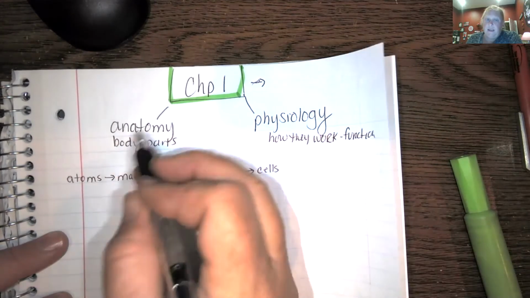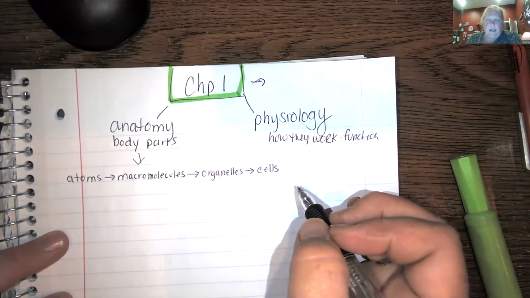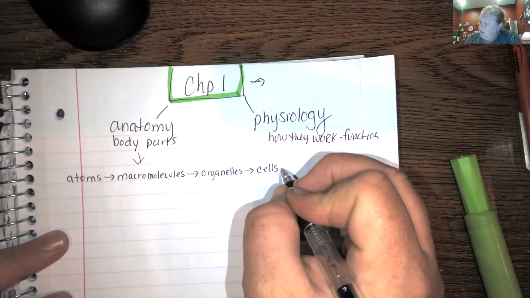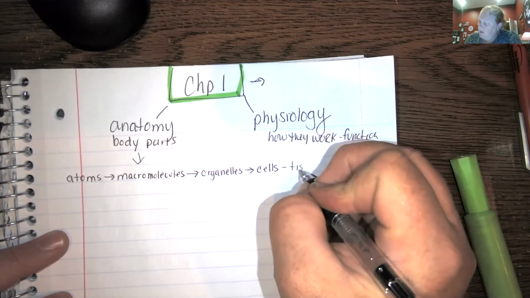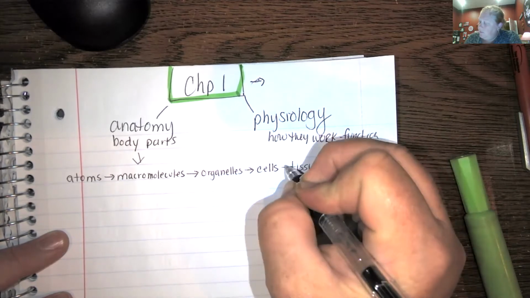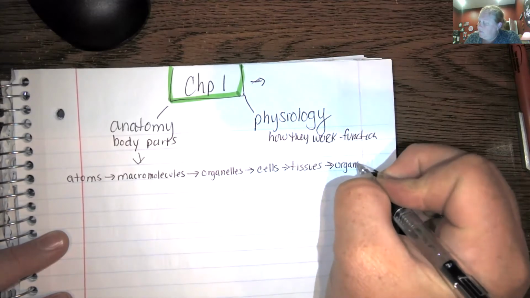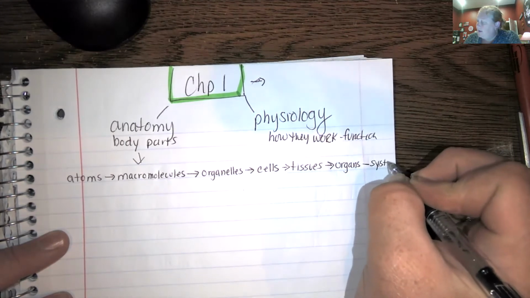This is still all anatomy, isn't it? And in turn, those cells make up tissues. Those tissues make up organs. And those organs make up organ systems.